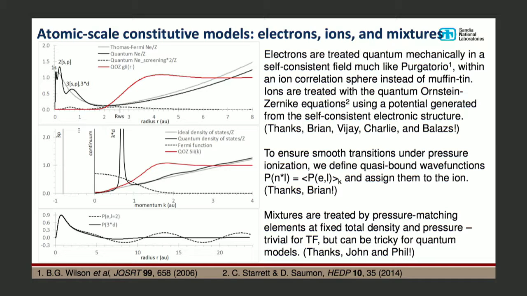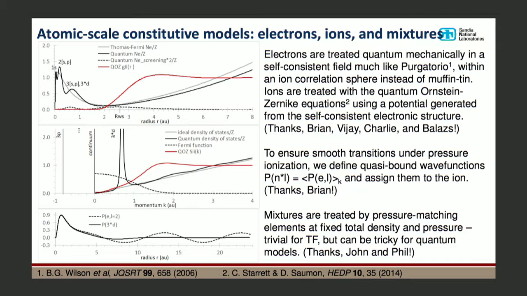This example is iron, and so you see the 1s and the 2s and 2p, and the 3s, 3p, and 3d. There's a 3d orbital here. I'll talk more about it because I love it. And then if you just treated the electrons as a fluid, you'd get something much more smooth, like that gray curve, the Thomas-Fermi curve.